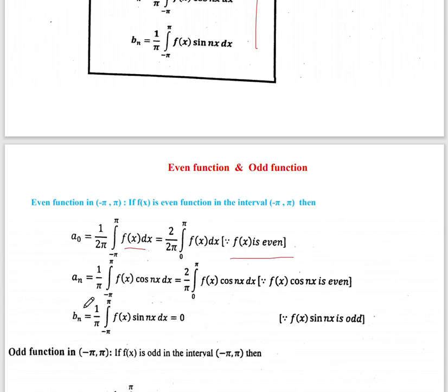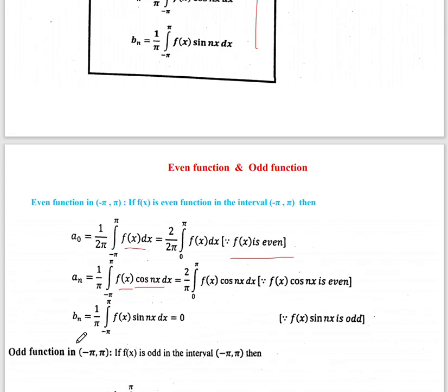Second, an = 1/π integral from −π to π f(x) cos nx dx. Here f(x) is an even function, and we know that cos nx is also an even function. The product of even functions is always an even function. So by using the definition of the even function, this can be written as 2 times 1/π integral 0 to π f(x) cos nx dx.